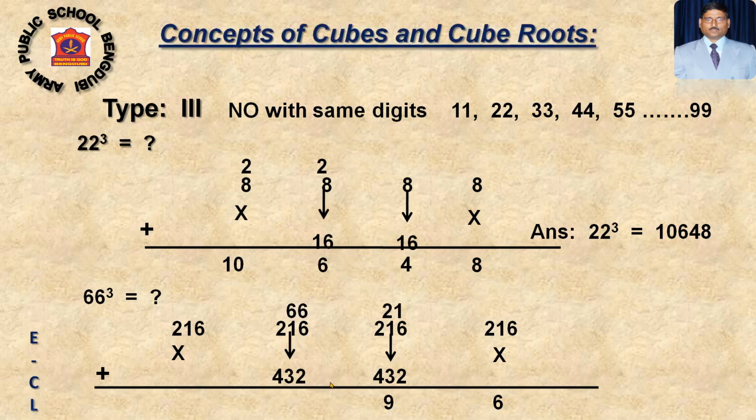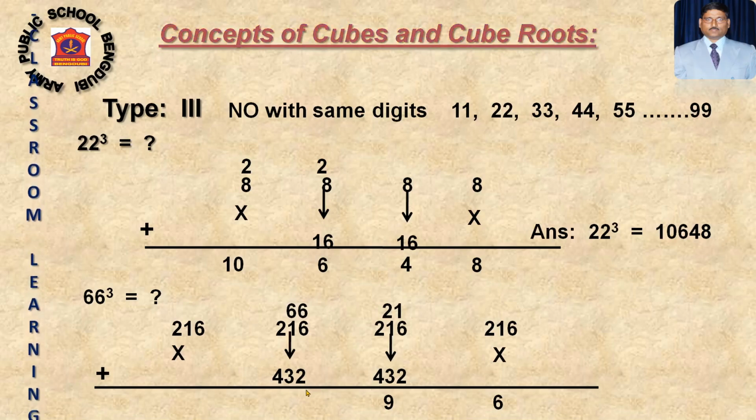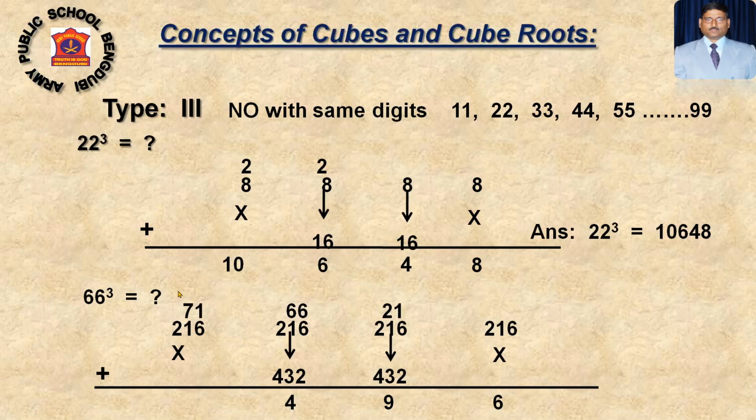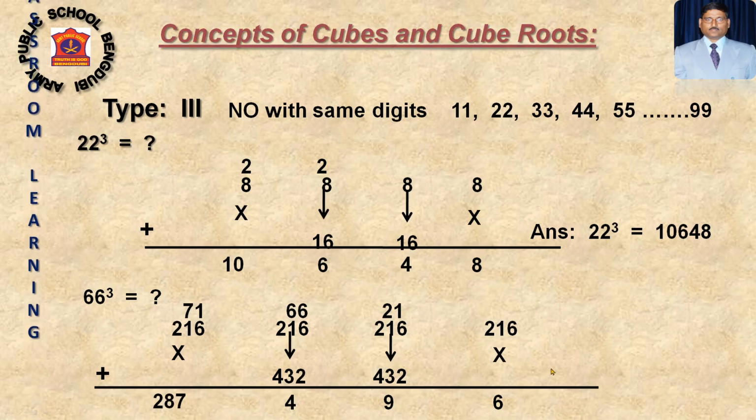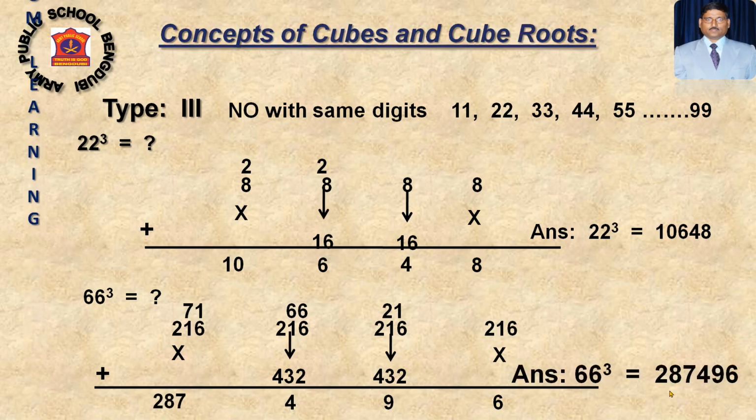After adding, I get 714. 4 will be here, and 71 will be carried forward. Now after adding, whatever I get, you write down 782, that is 287496. What is the cube of 66? The cube of 66 is 287496.